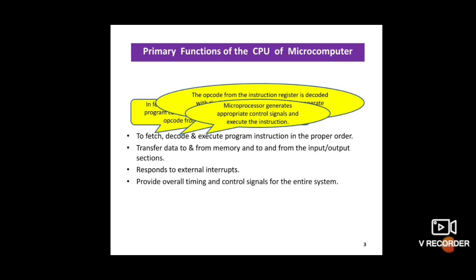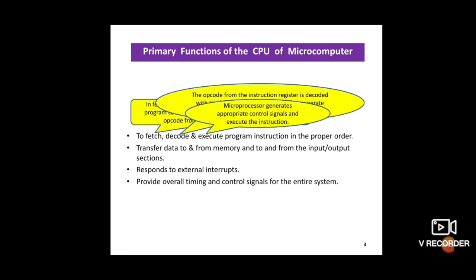Now, response to external interrupts. Interrupt means to break the sequence. Whatever is entered through an external device, the microprocessor responds to those interrupts. And the last one is to provide overall timing and control signals for the entire system.